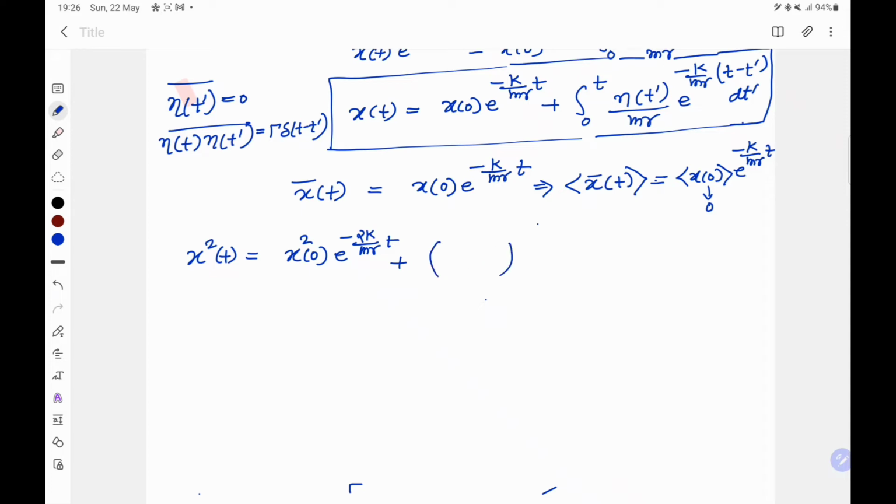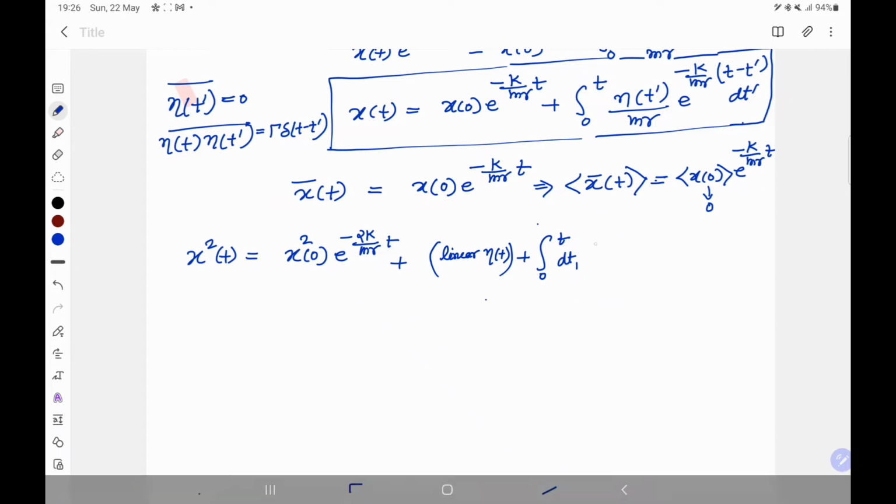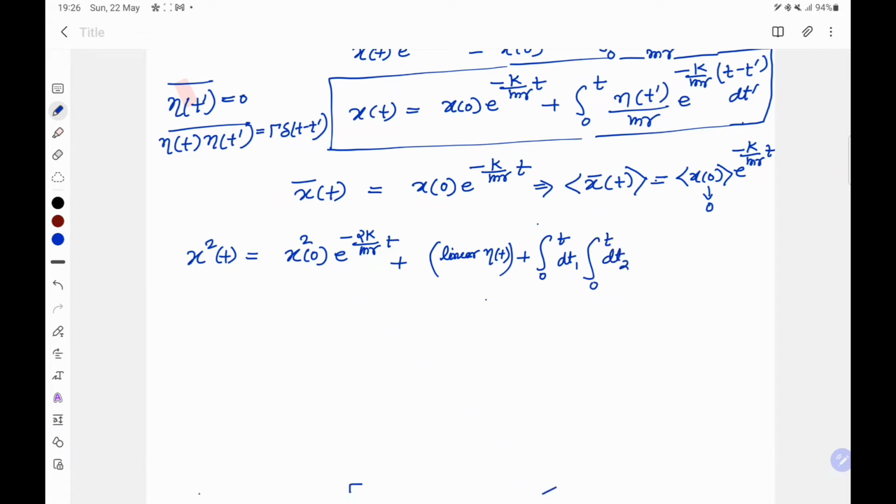So this is the linear term in eta t, plus the square term in eta: integral 0 to t dt1, integral 0 to t dt2, eta t1 eta t2 over m gamma square, e to the power kappa over m gamma t1 plus t2.